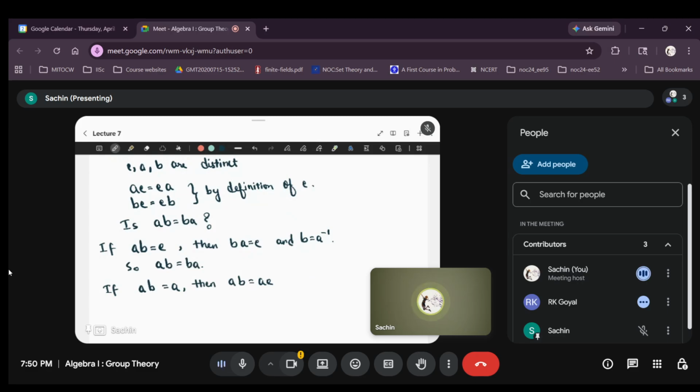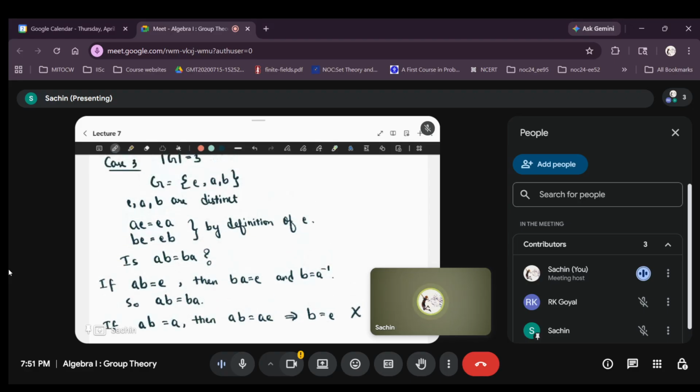Then we can multiply by A inverse on the left, which means B is equal to E. Not possible because we have assumed A and B are distinct.